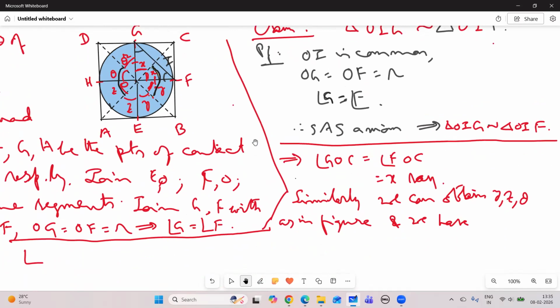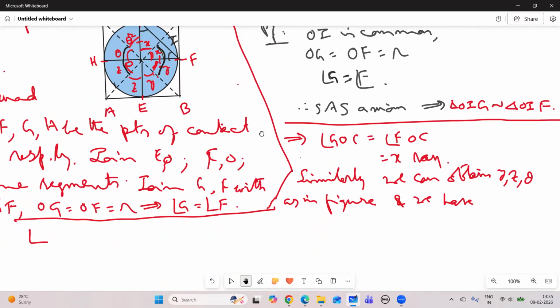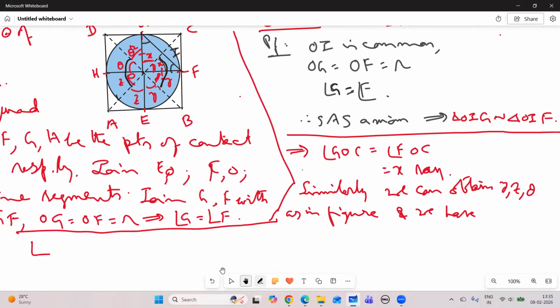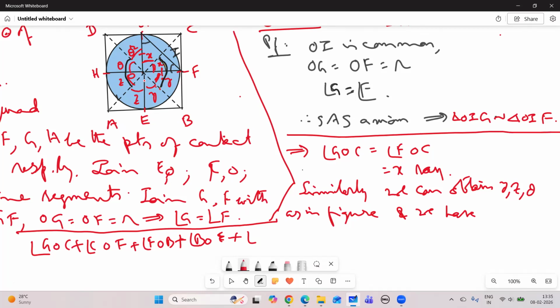These angles are GOC, and then COF, this is GOC, this is COF, and this is FOB, angle FOB plus angle BOE plus angle EOA plus angle AOH plus angle HOD plus angle DOG.